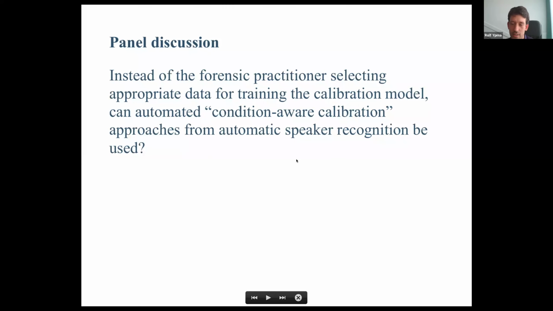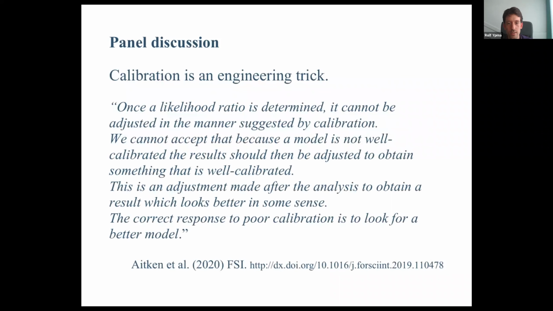Definitely. Let's move on to the next topic, which I think is very important, because I think we're mostly in agreement. We've had some small disagreements, but in general, everyone here has a very similar story. But it's very important to point out that there are very good scientists out there who do not agree that calibration is a good idea. I paraphrase, in my words, that calibration is an engineering trick.